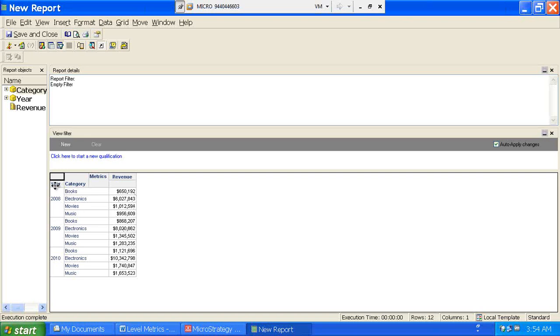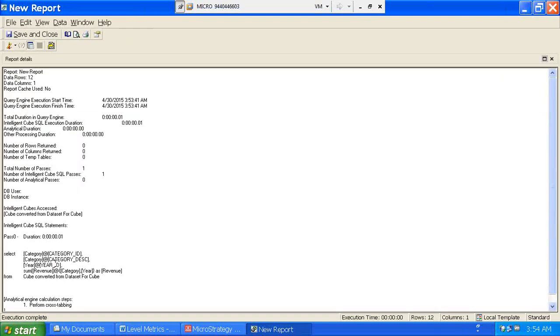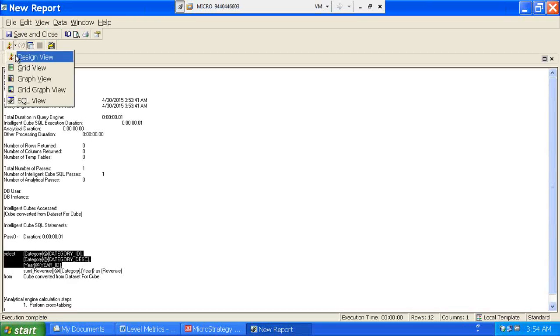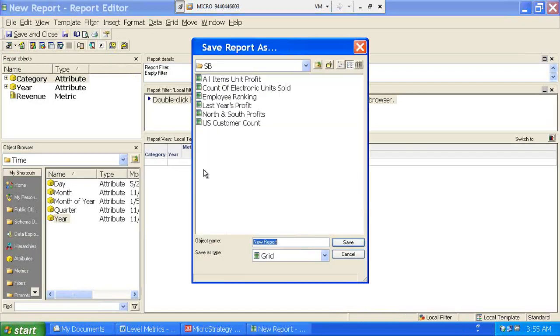So it displays whatever is behind the metric, but does the calculation at both levels because they are from different hierarchies, year and category both. One minute. I will save this report and inactivate that cube, otherwise you will not understand.